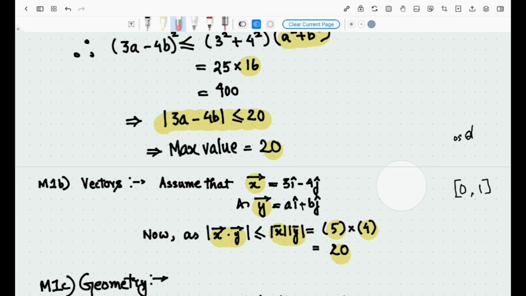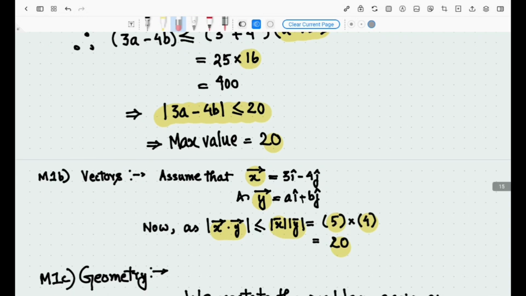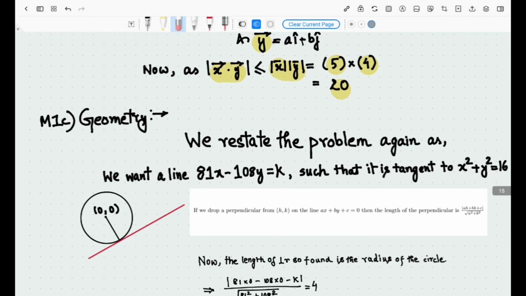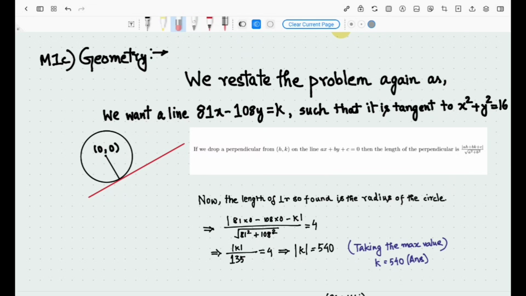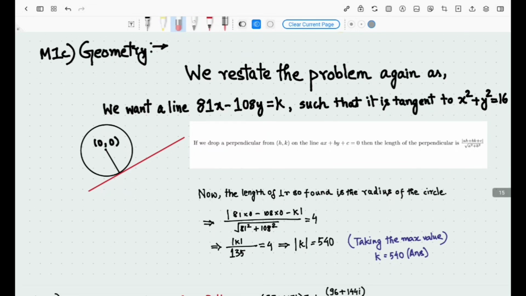Now for the next part of the solution, that is a solution by geometry, right? We have proposed a coordinate geometry solution, and I prefer to call it a mind-opener solution, because most of the time in JEE, problems asked on coordinate geometry are much simplified if we can understand the core concept behind them.